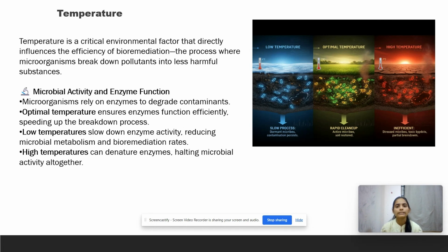In high temperatures, the enzymes of microbes may be degraded or denatured, leading to the death of microbes. So bioremediation may slow. So optimal temperature is needed for microbial diversity and for a better bioremediation process.